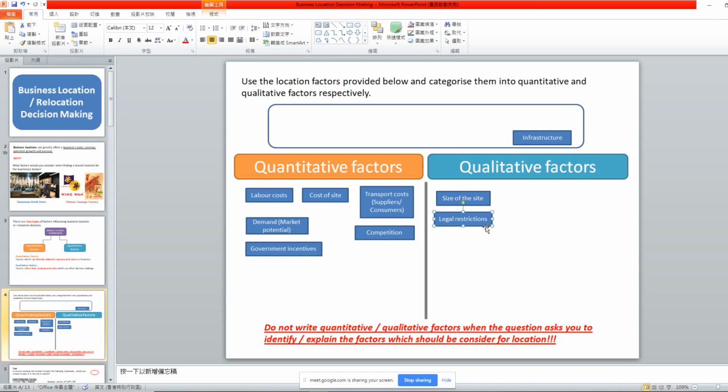But see here, pollution, you will get fined. But that will be more about when you are operating the business. But now you are finding a place for your business, right? So here I think you have the wrong focus. Now you're finding a place, but you have to consider legal restrictions.